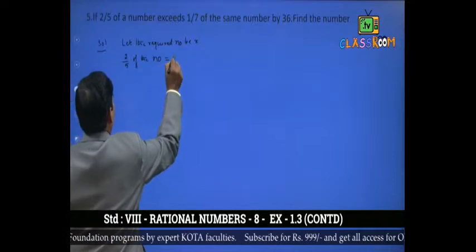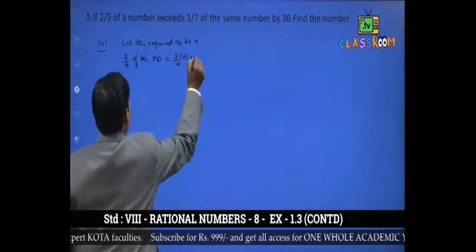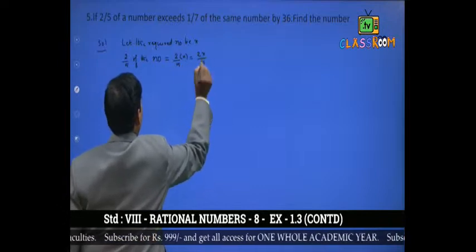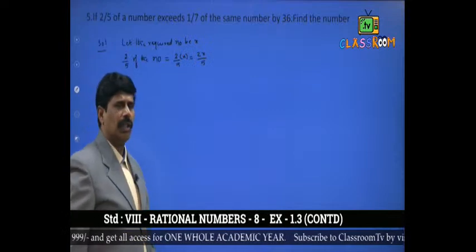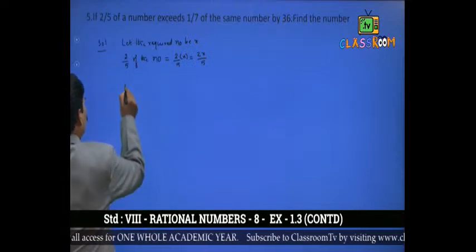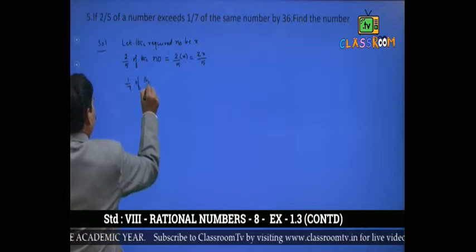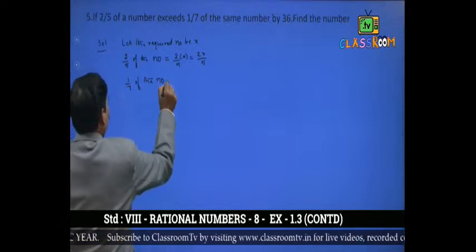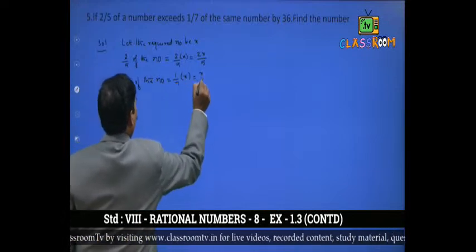This is equal to 2 by 5 into x. That is equal to 2x by 5. At the same time, 1 by 7th of the number. So that is equal to 1 by 7 into x, that is equal to x by 7.